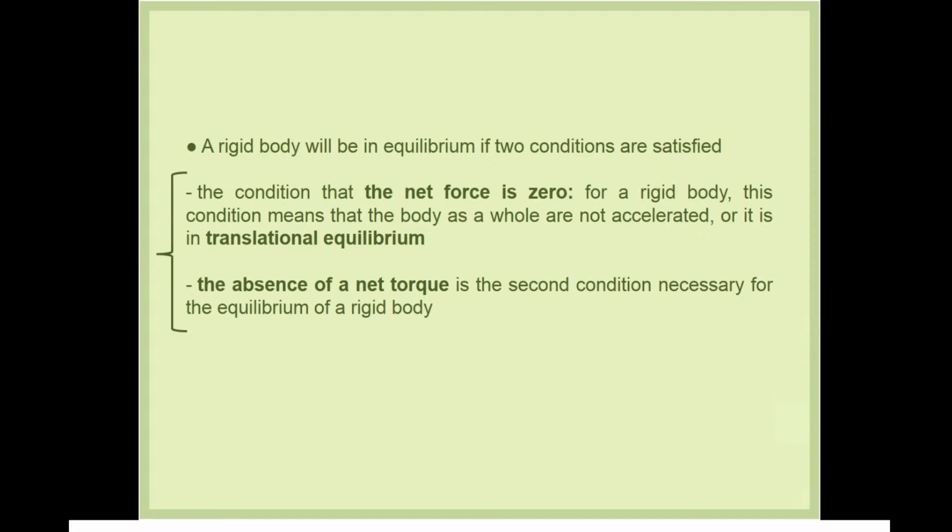And to provide the equilibrium state of the rigid body, the second condition should be satisfied as well, the absence of a net torque. It is the second condition necessary for the equilibrium of a rigid body.